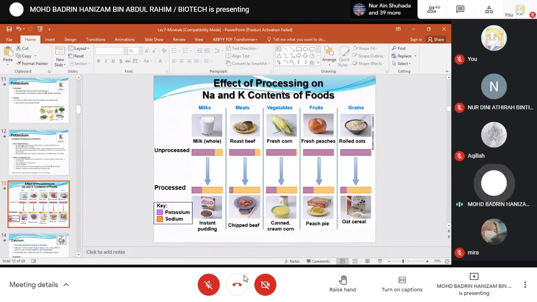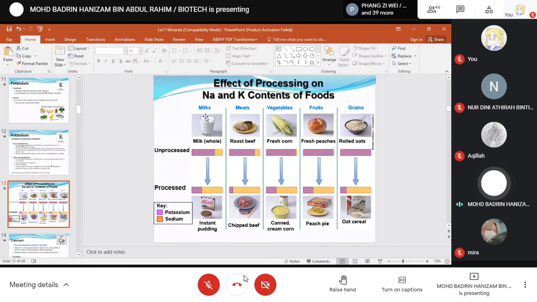Okay, the effect of processing on sodium and potassium content in food. You can see here, when the milk is unprocessed, it is high in potassium and low in sodium.